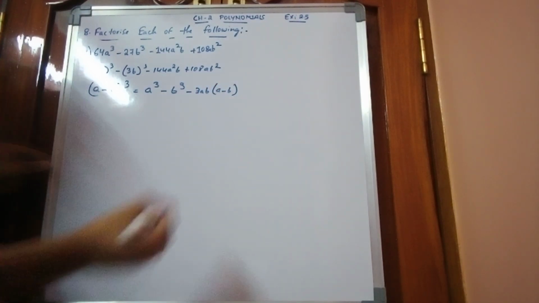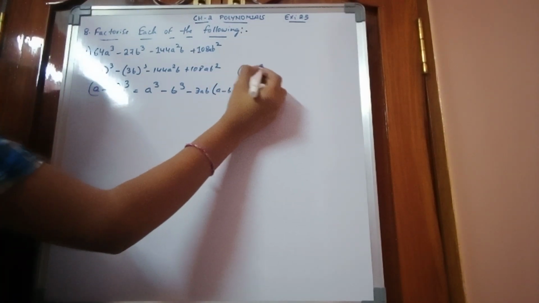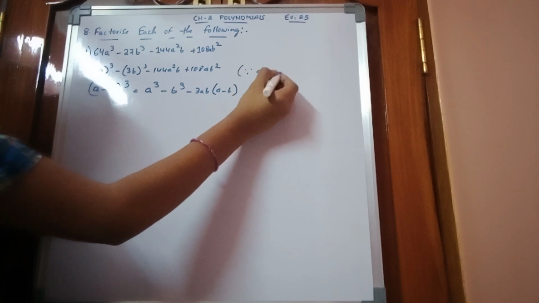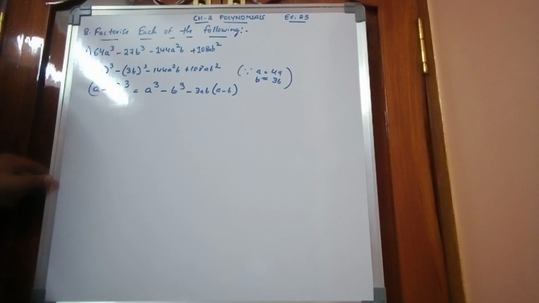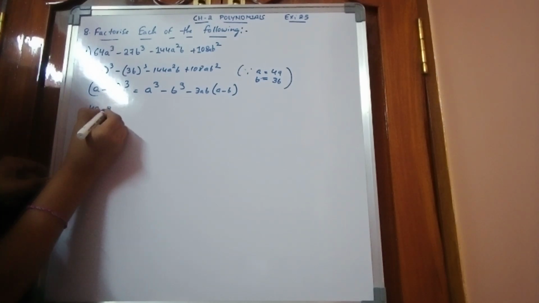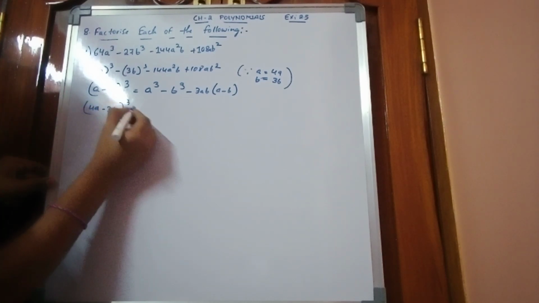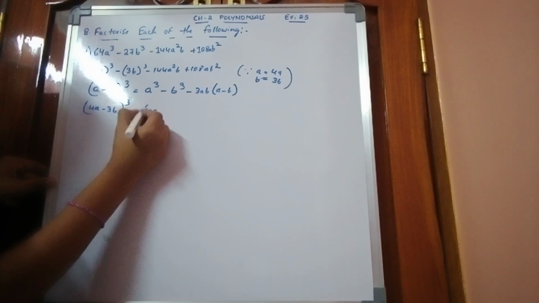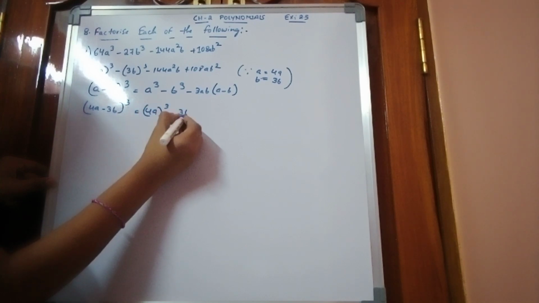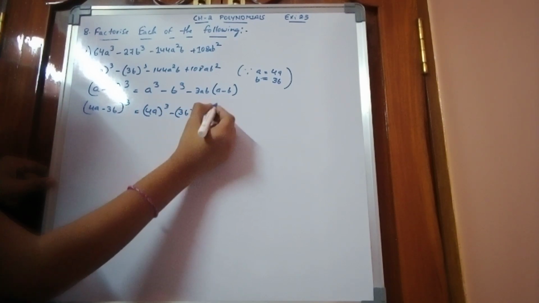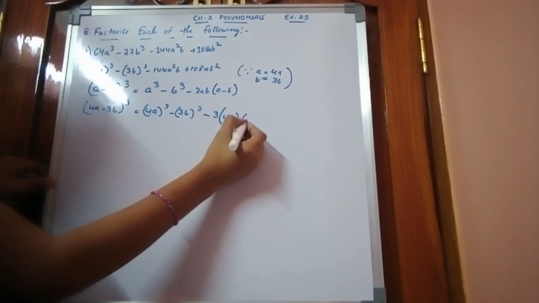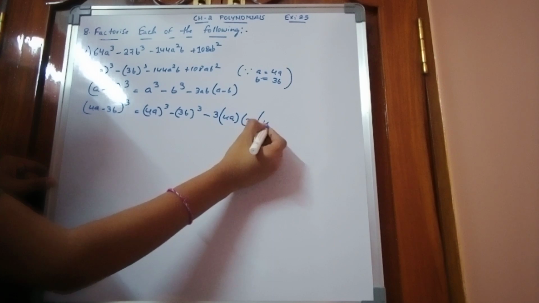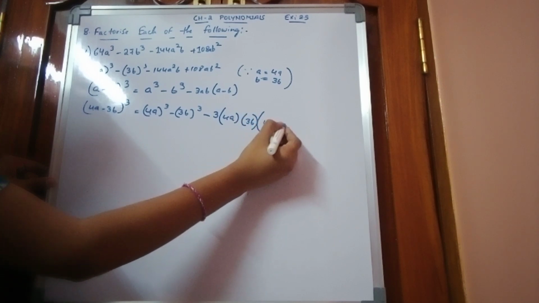So now substituting, keep in the bracket that a is equal to 4a and b is equal to 3b. Now substituting, (4a minus 3b) whole cube is equal to (4a) whole cube minus (3b) whole cube minus 3 of a is 4a and b is 3b of (4a minus 3b).